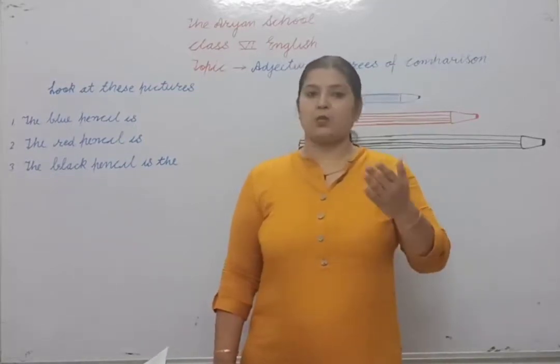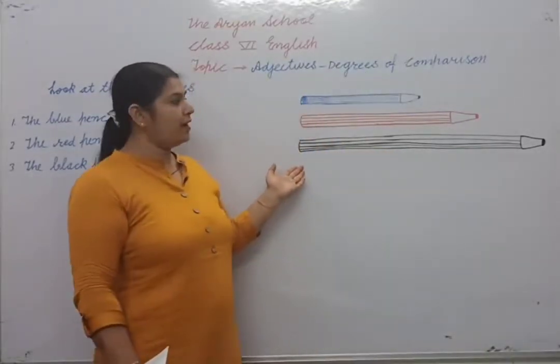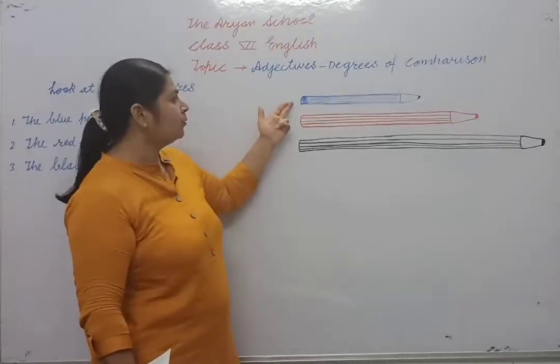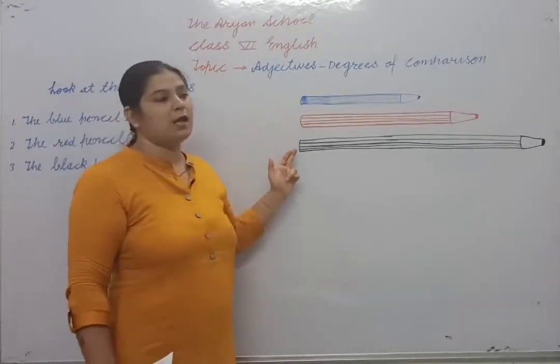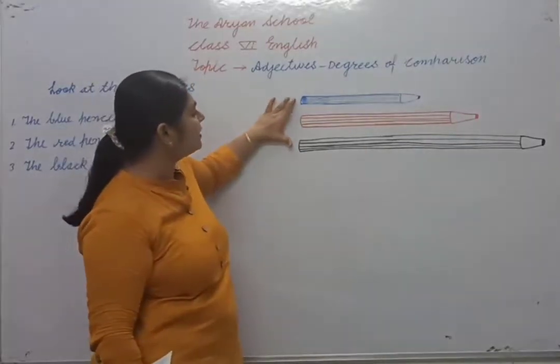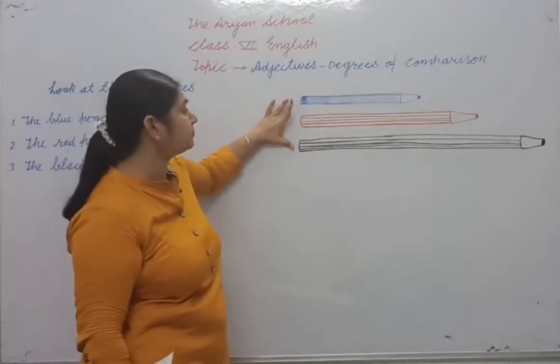Let's understand with the help of an example. Here you can see three pictures over there. I have drawn here three pencils with different sizes. Blue one, red one and the last is black. While seeing these three pencils, what is your opinion?